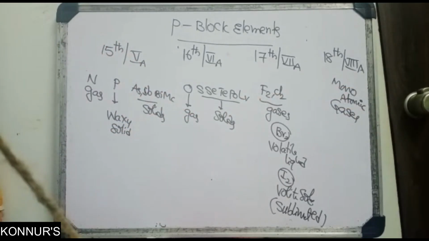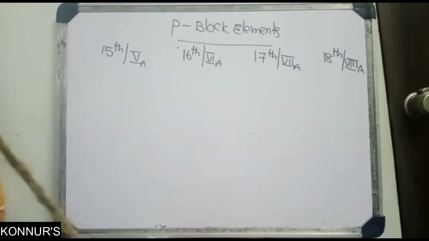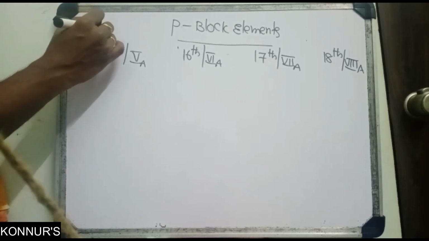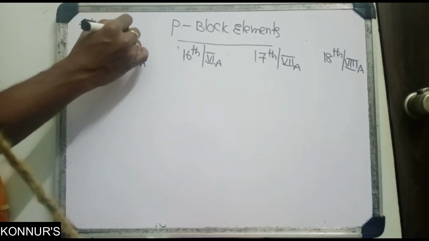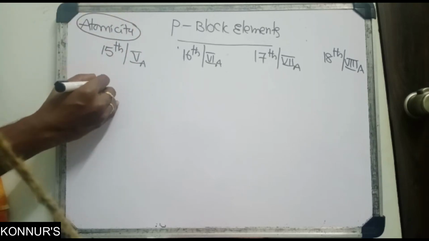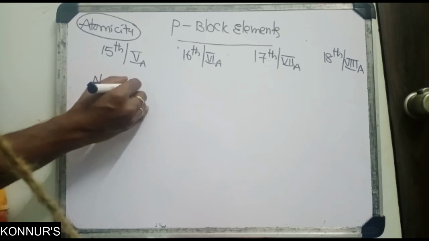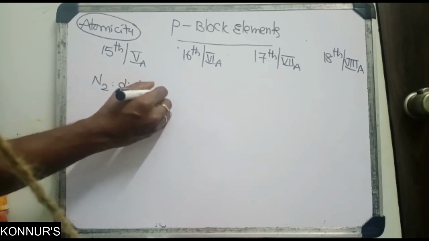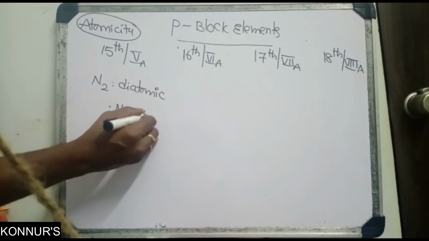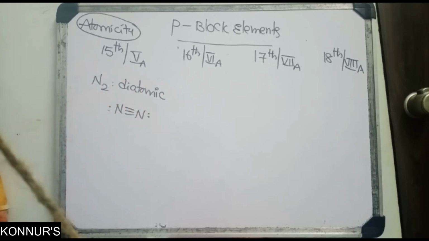Monoatomic gases. Next, we see the property of atomicity. See nitrogen. Nitrogen is available as a diatomic. Bond order, if you see, is N triple bond N. It has a lone pair.